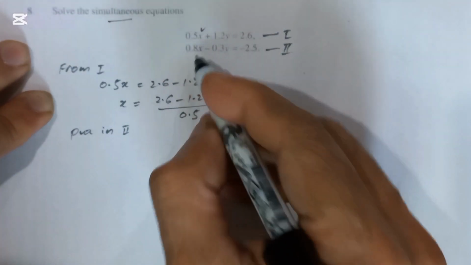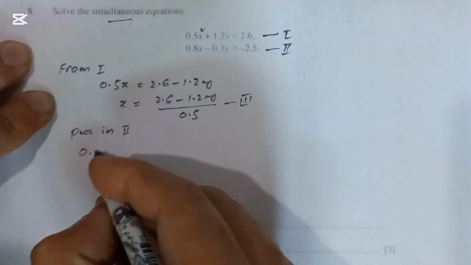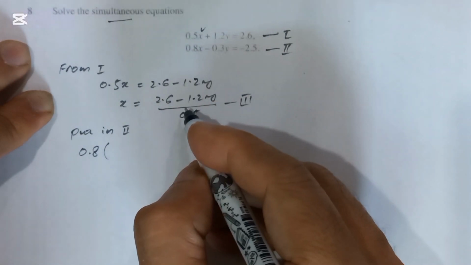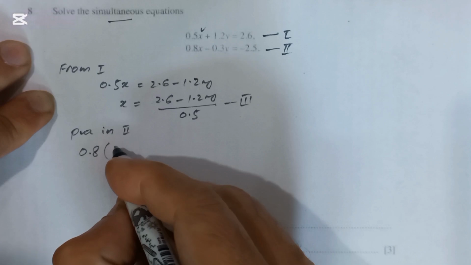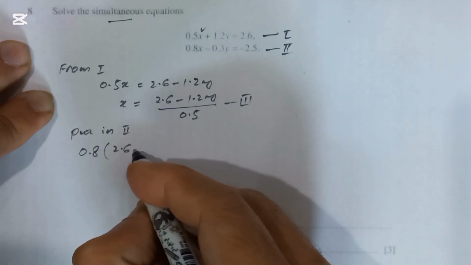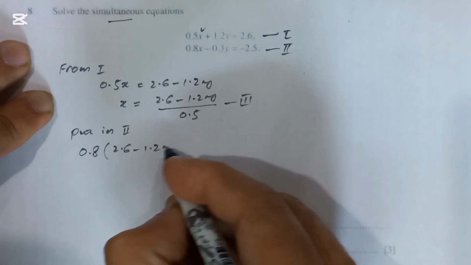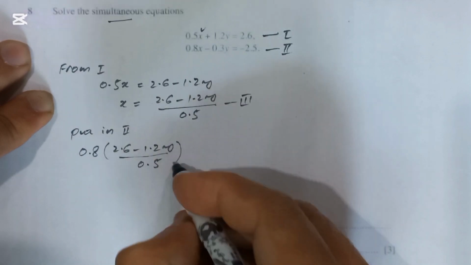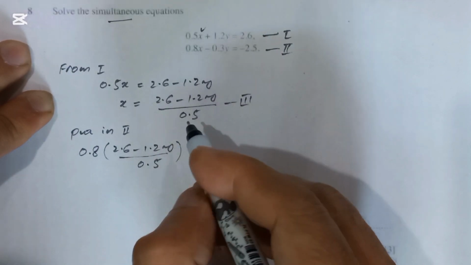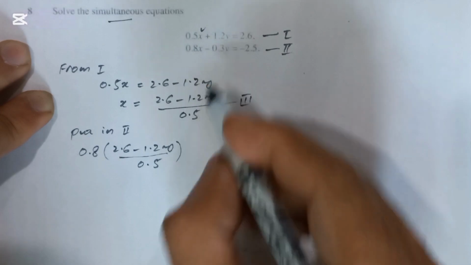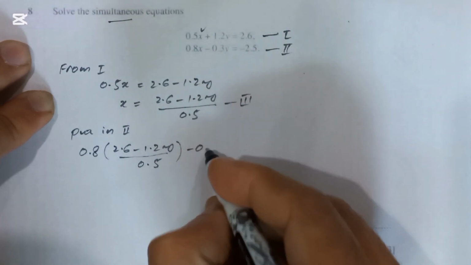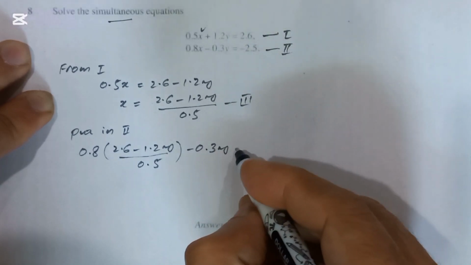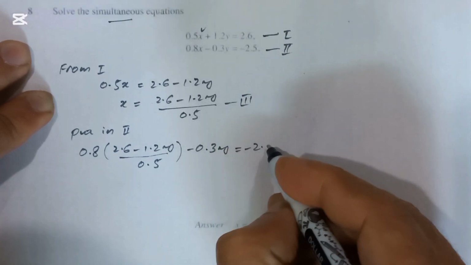Here is equation number 2, that is 0.8x. So in place of x we have to apply the value of this one, that is 2.6 minus 1.2y over 0.5, minus 0.3y will remain as it is, equal to minus 2.5 will remain as it is.